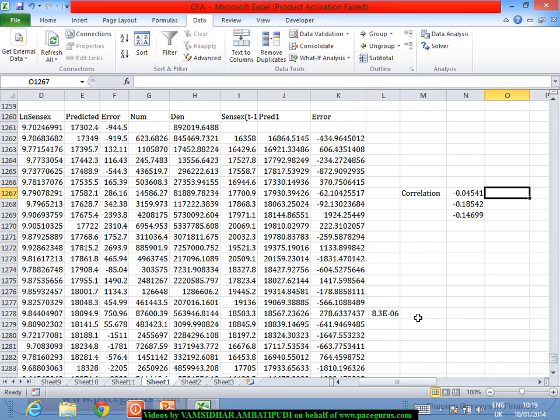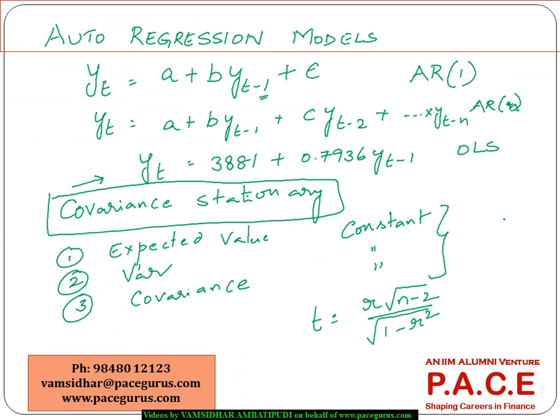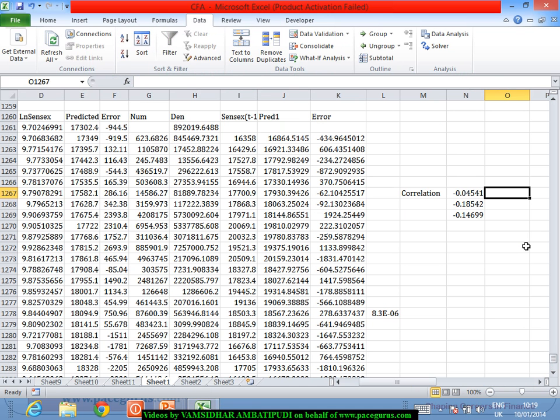But in case of autocorrelation, we directly test using the correlation divided by square root of 1 by t. Again we look at it with a t distribution with t minus 2 degrees of freedom. This is purely based on the sample size.